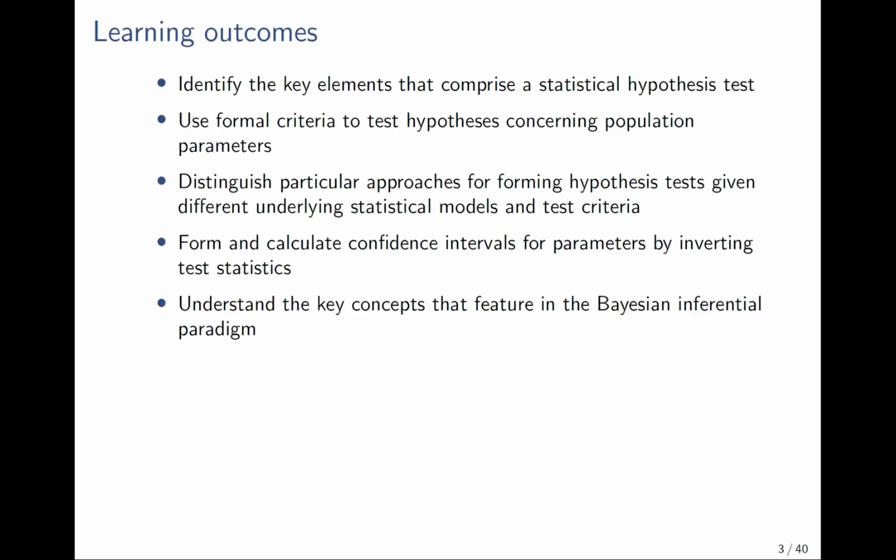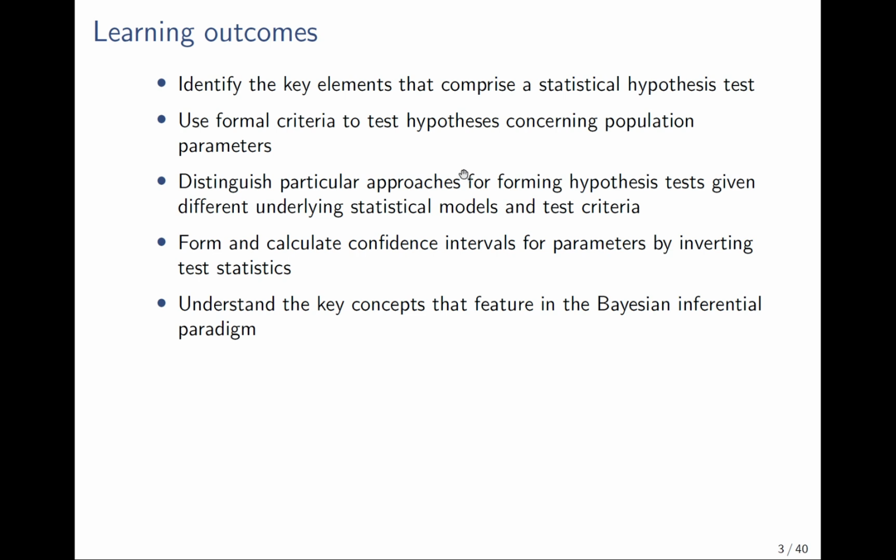So, in terms of learning outcomes in this second lecture on statistical inference, at the end of this lecture you should be able to identify the key elements that we use to conduct a statistical hypothesis test. You will be able to apply formal criteria to test hypotheses concerning population parameters.